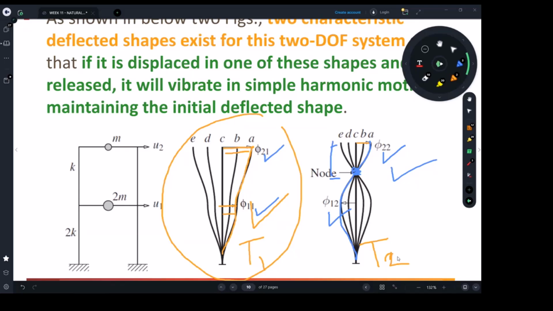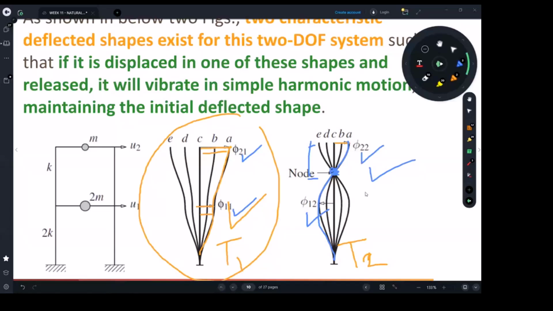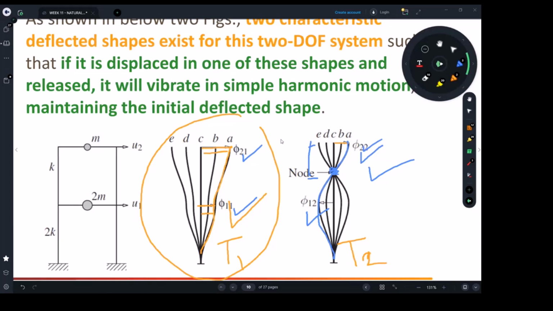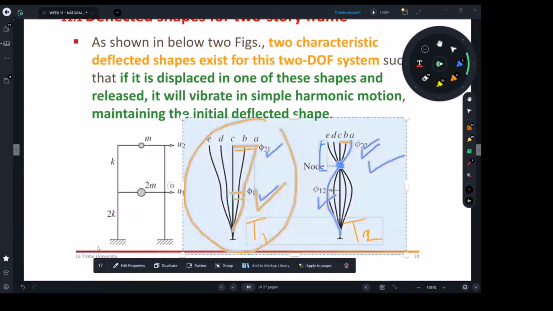So the second mode shape got its own time period, and if you pre-displaced it with phi 22 at the top and phi 12 at the first floor, and you release the constraints, then it will always be vibrating with this shape as you see from A to B to C to D to E. Okay, any questions?